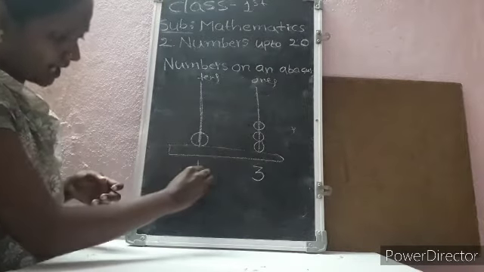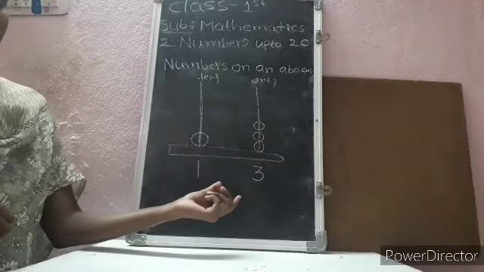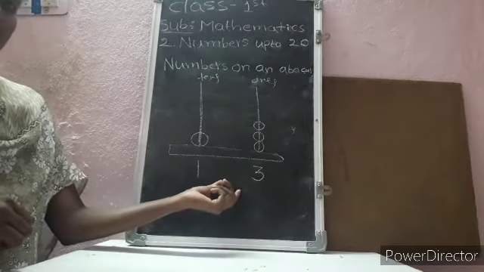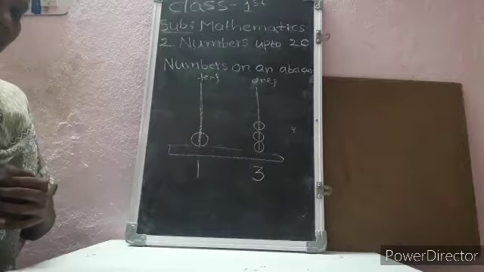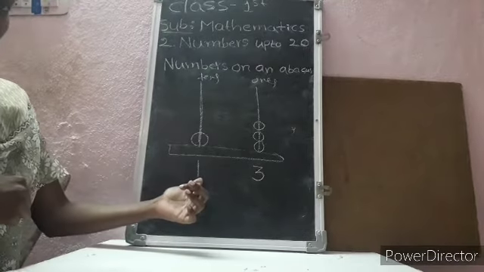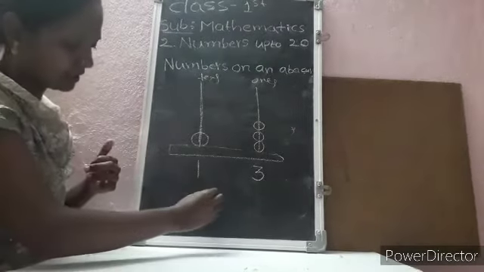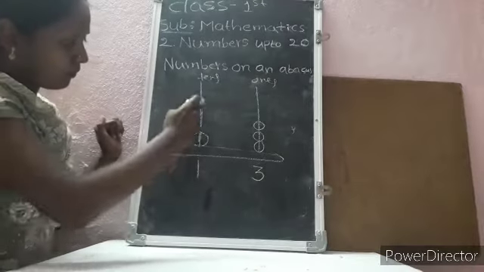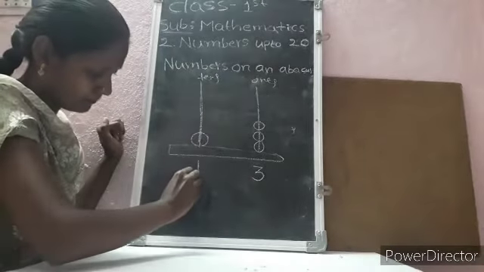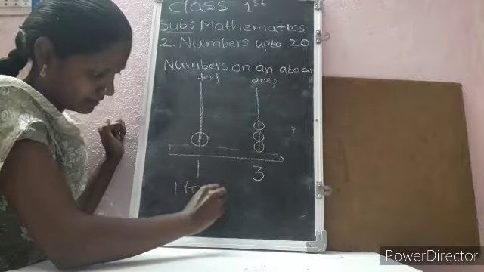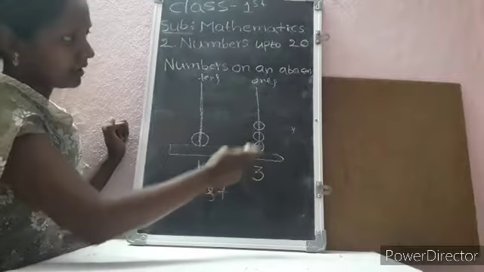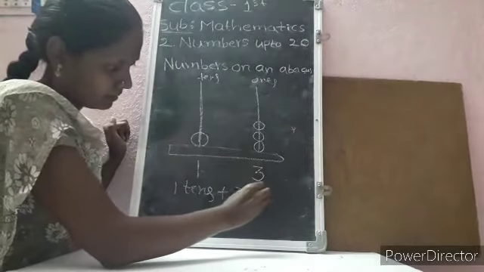It is 1. So what is the name of this number? It means 1 tens, 3 ones.